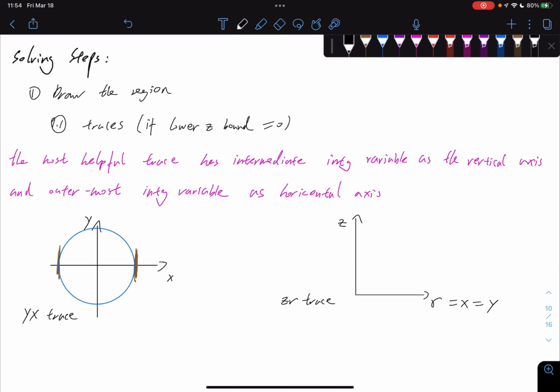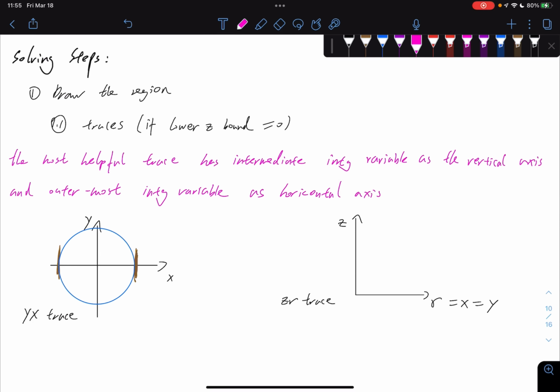By taking advantage of the axisymmetry property of objects in cylindrical and spherical regions, we can look at it sideways regardless of which orientation we're looking from. We can look at the zx trace, we can look at the zy trace. It's the same thing as looking at the zr trace.